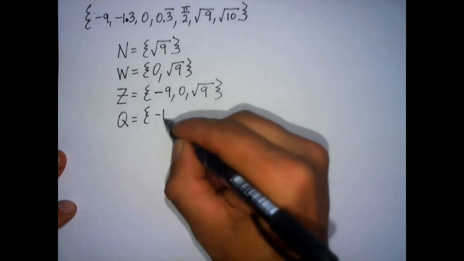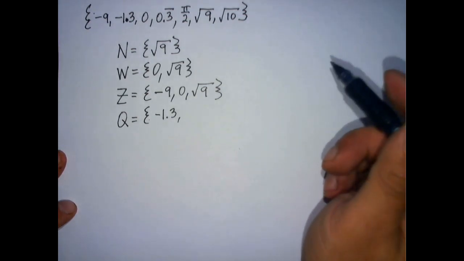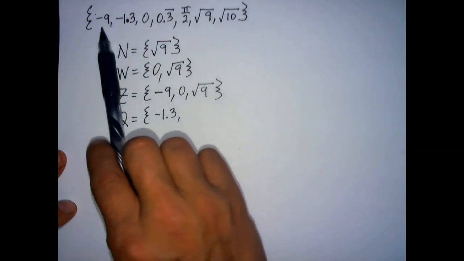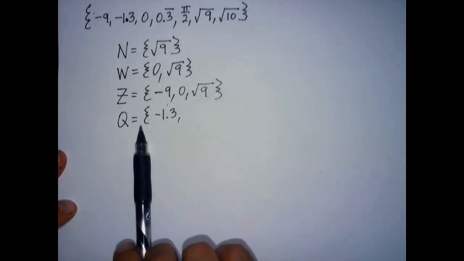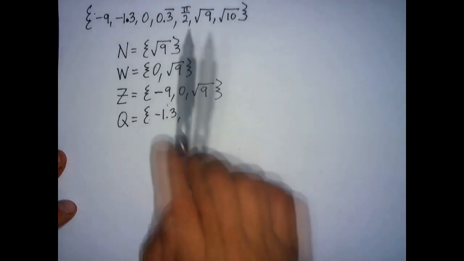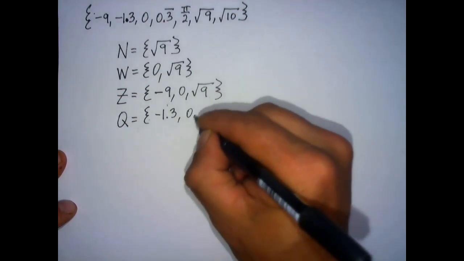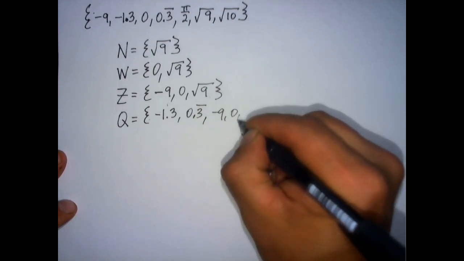So that's going to go here. And what else is going to go there? What else is new? We already know that these three are here too, right? So what else? Well, 0's already there. 0.3 bar. Yes, at -9, 0, square root of 9.